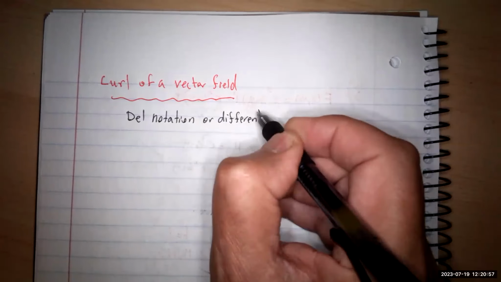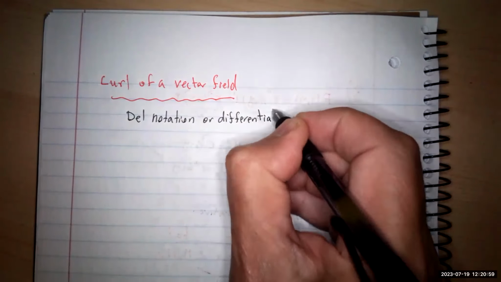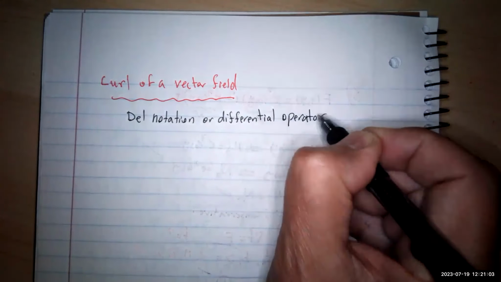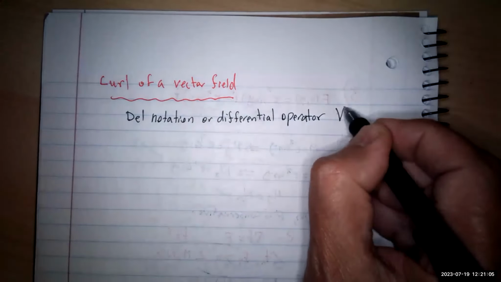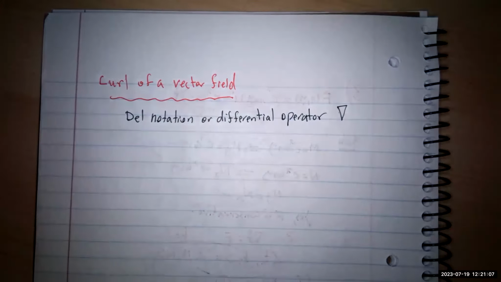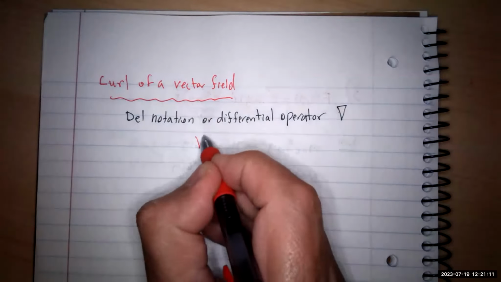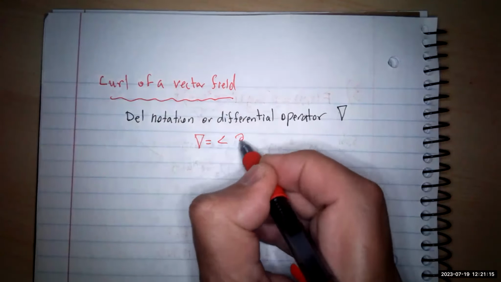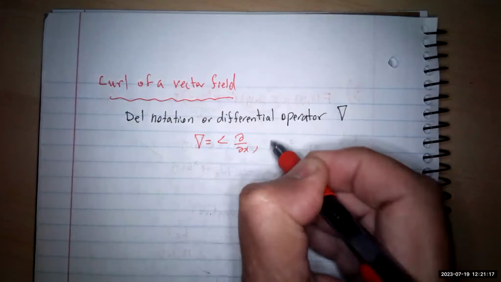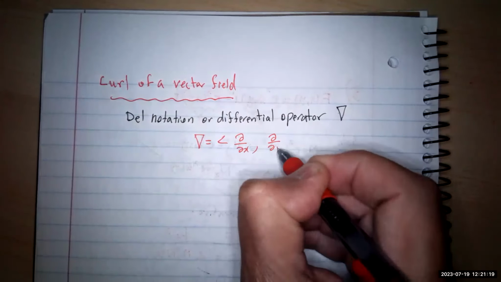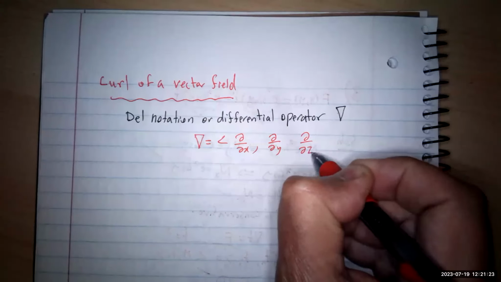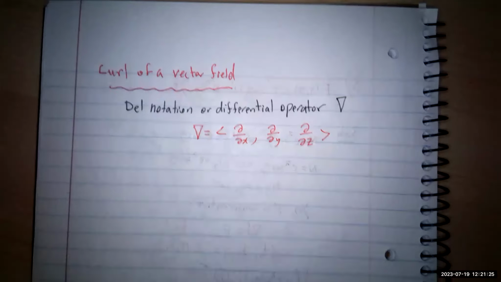Okay, or differential operator. Operator notation, this is the one. Use it for the gradient before. And this notation is defined as partial derivative notation: partial derivative with respect to x, with respect to y, with respect to z.